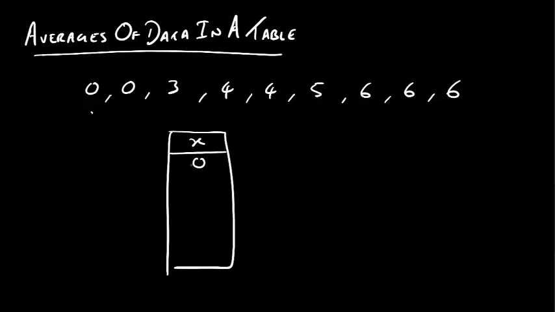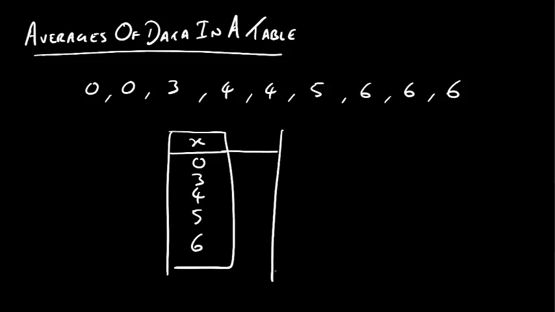I've got another 0, but I've already represented that in the table. I've also got a 3, so I'm going to put that in. I've got a 4, and another 4 here, but I've already put 4 in my table. There's a 5, and a 6, and 2 more 6s after that, but I've already put 6 in my table. So the first column is just simply all the different numbers that I can have in my data.